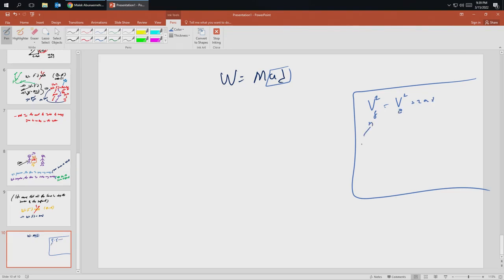Let me label this: final velocity, initial velocity, and this is your acceleration. The electron is orbiting R1. x is your displacement, it's going around R1, right? It's your distance. And just to make it easier, I'm just gonna make x equal to d for the distance traveled.